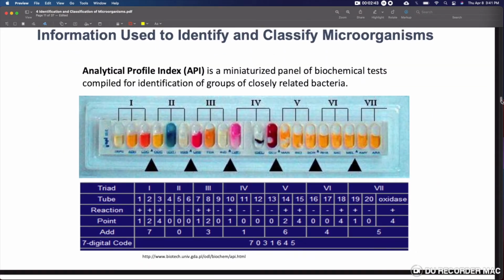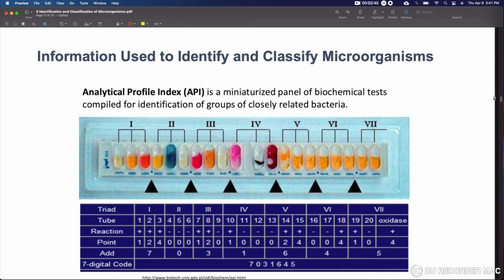But a more streamlined approach for biochemical tests would be the use of the Analytical Profile Index, or your API. The Analytical Profile Index simply is a miniaturized biochemical test. So it's a miniaturized panel where different panels contain different substrates, and we're going to inoculate the microorganism in each panel.